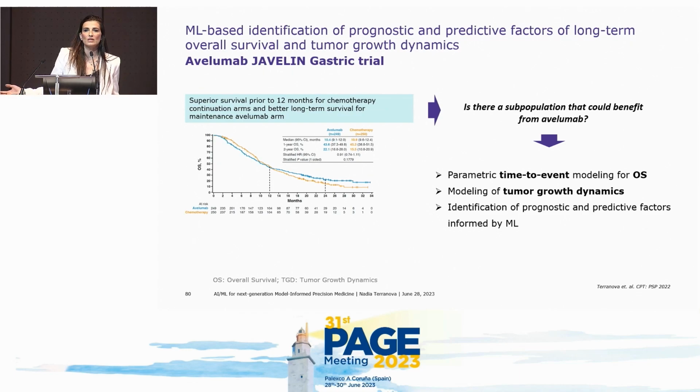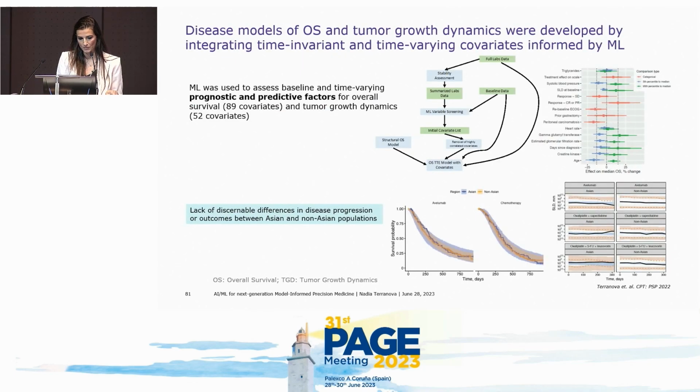So the question that the team had was, can we try to identify this patient subpopulation, because these might be patients that can benefit from avelumab? For this purpose, we developed a parametric time-to-event model for overall survival and our classical model of tumor growth dynamics. And then we used machine learning to really expand the assessment of prognostic and predictive factors.